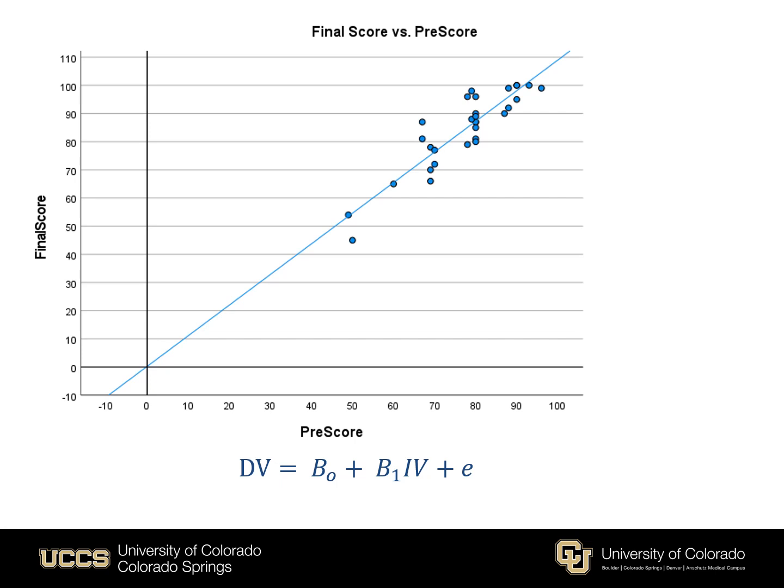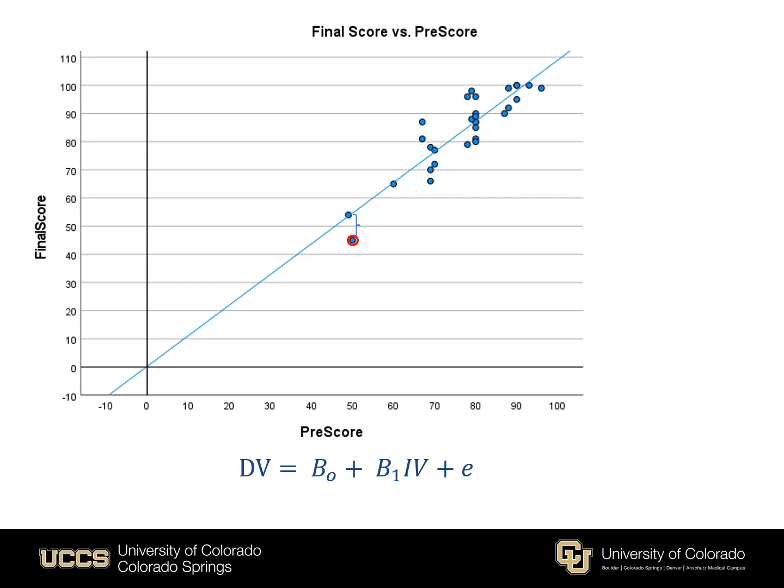Let's return to our scatter plot and use it to connect to some of the concepts from the previous slide. For example, I have circled in red one case or one data point in our scatter plot. And we can see that that point isn't exactly on the line, which means that the model, which is represented by the line, doesn't perfectly predict that dependent variable value.